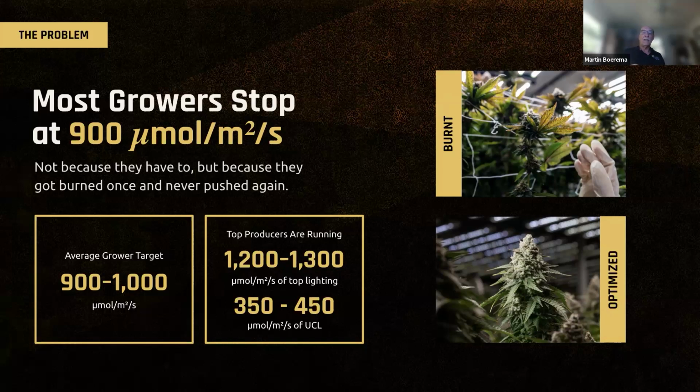But via increasing top lighting to very high levels, even up to 1600 micromoles, now we have arrived at what we think is the maximum or the best way, the optimal way, to produce and maintain quality: applying about between 1200 and 1300, which is the high range, admittedly, top lighting, and adding any increase in DLI by adding under canopy lighting.